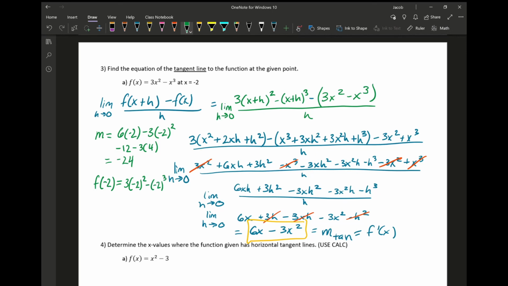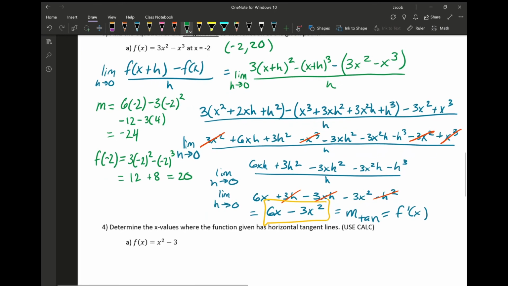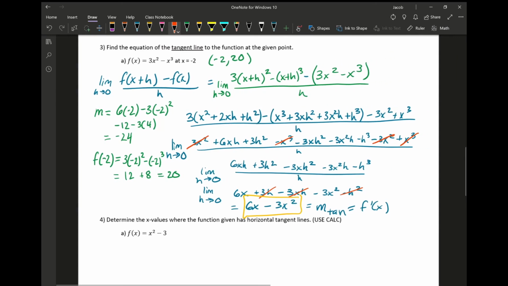So I get +8 and 12, so 20. So the coordinate point at -2 is 20. And that's what I'll use in my equation of my line. And you'll have more space on your paper because we're not going to look at 4. This is a pretty long lesson as is.